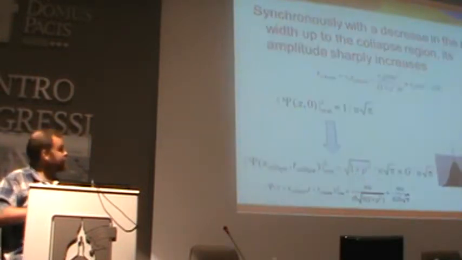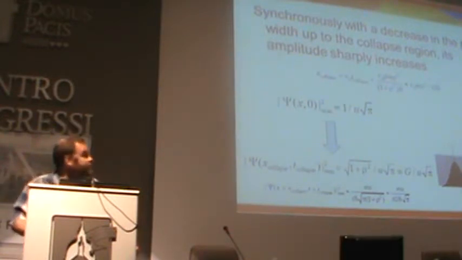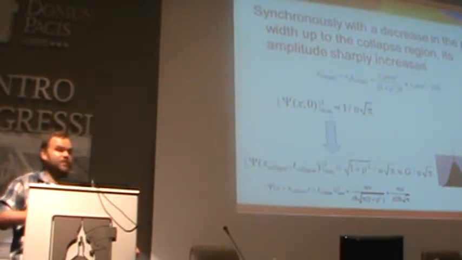And the same for the amplitude of this wave packet. We can calculate, if we know the time of collapse, the distance where the collapse occurs. If we know this distance, we can calculate the wave function, and we can show that the wave function in this place is g times greater than the initial wave function.